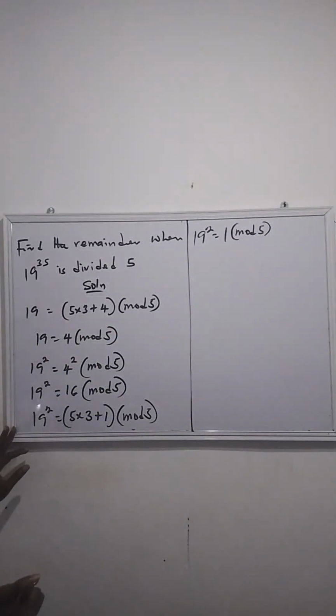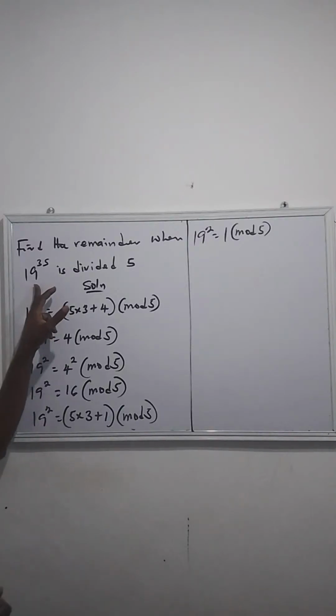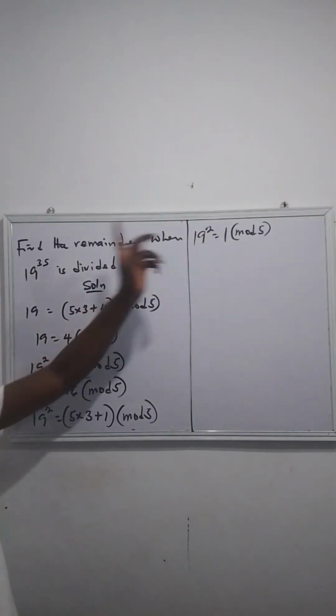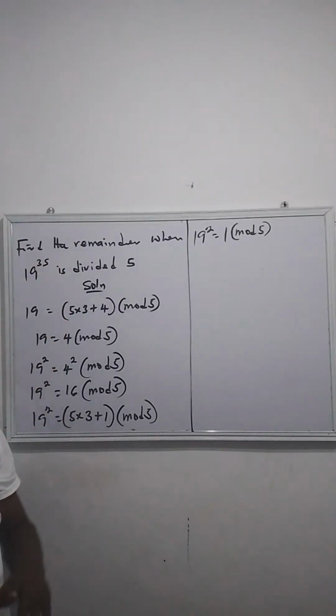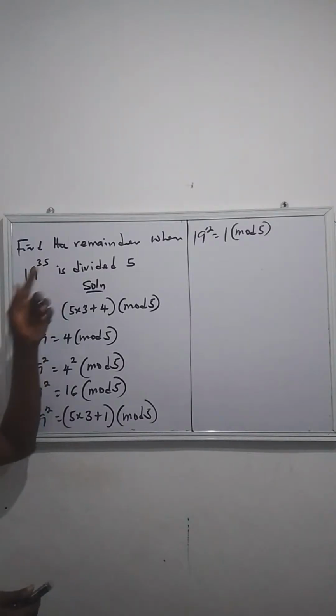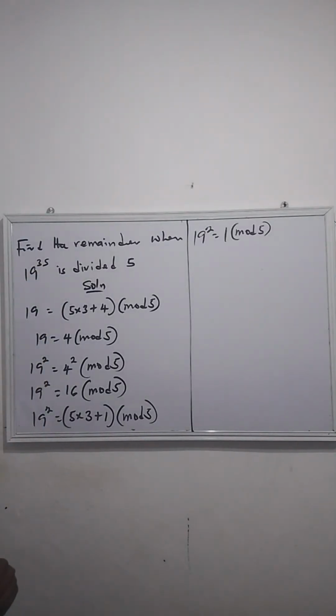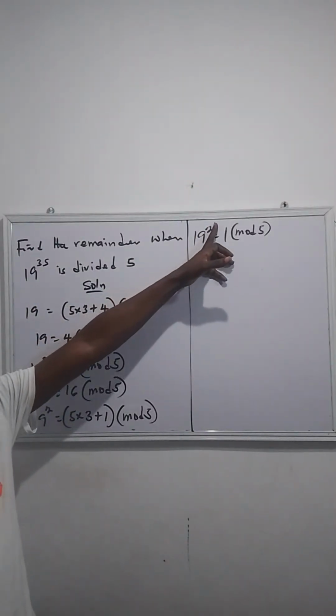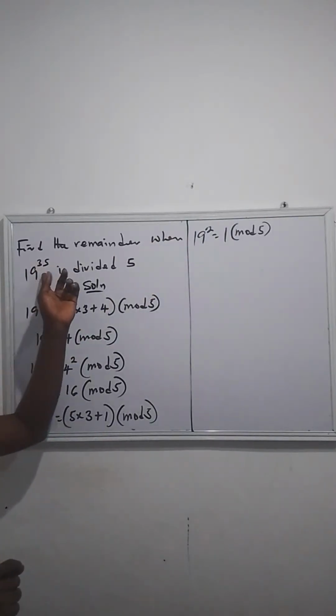Okay? So now don't forget where we are going. We want to arrive here. So now I begin to think of a number that I will multiply with this power that will give me 35. So 35 is an odd number, and so I may not be able to get a number that will give me this, but let me look for a number that will multiply with 2 that will give me a number close to this.